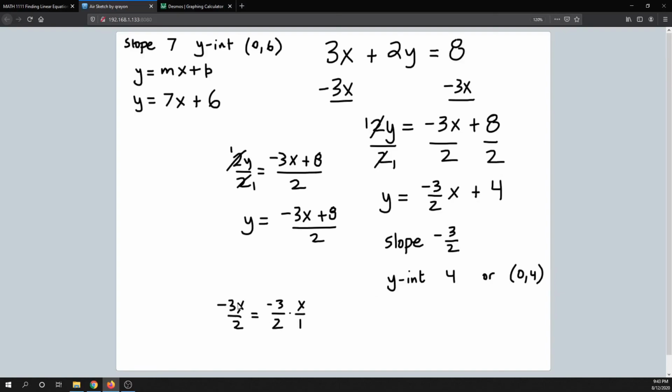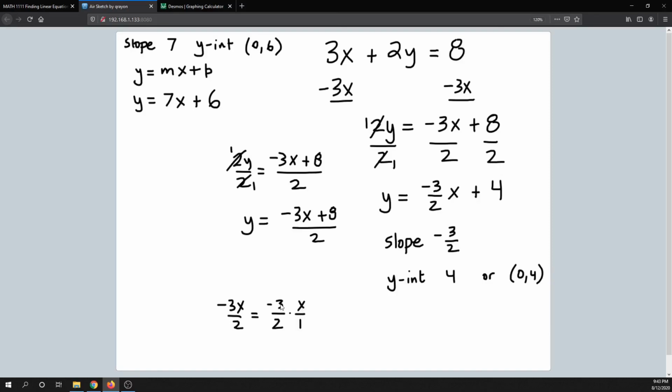All right, this minus 3x over 2 can be written as minus 3 over 2 times x over 1, right? And why is that? Well, just think about how do you multiply fractions. You just multiply the tops and multiply the bottoms, right? And so that's actually the easiest operation for fractions.